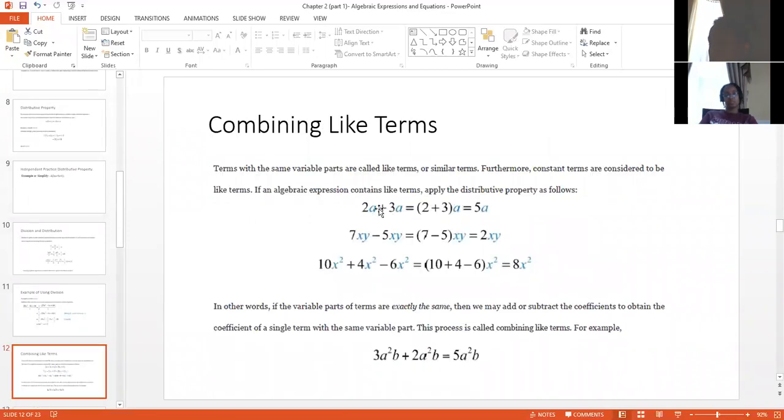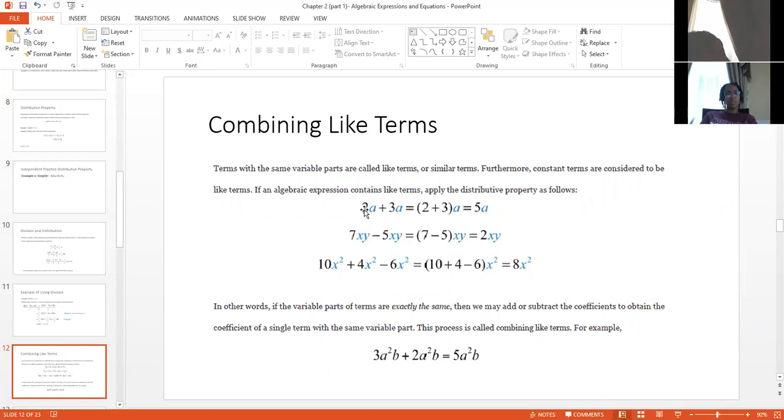They're separated by addition operators, or subtraction operators. But like terms have the same variable parts. So 2a and 3a have the same variable part a, and because these terms are similar, you're able to apply the distributive property and add them together.